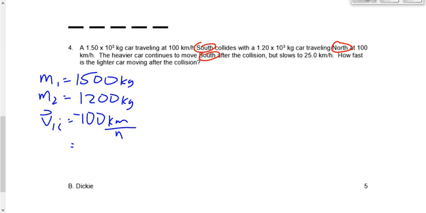We have another velocity that is positive 100 kilometers per hour. What is that one? It says the 1,200 kilogram car. The 1,200 kilogram car is car what? Right? 2. So we're going to call that V2. Is that initial or final? Before the collision or after? Yeah, it's V2 initial. Good.